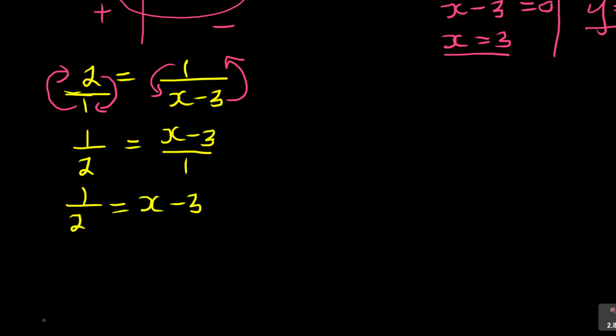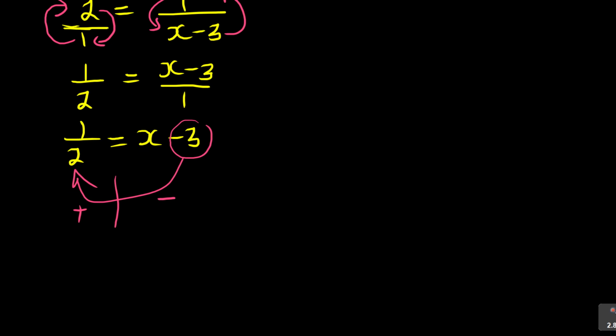Look at this one. We have got minus 3 here. Take minus 3 to jump the equal sign. It's negative, it will become positive. So I will have 1 over 2 plus 3 is equal to x. There is the x. So 1 over 2 plus 3 is 3.5.